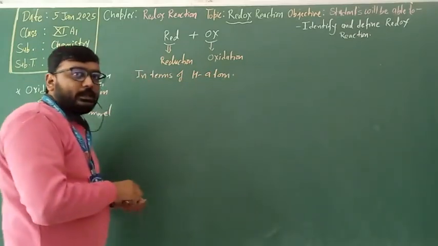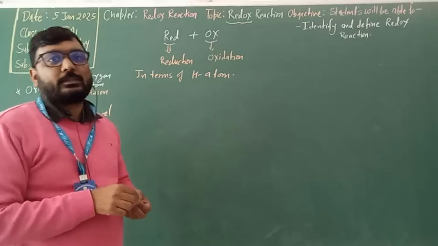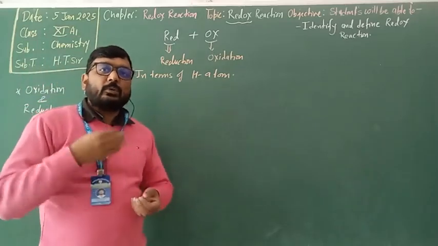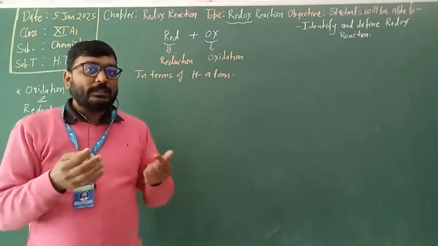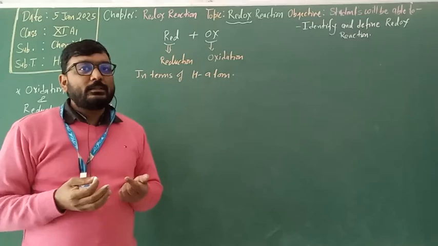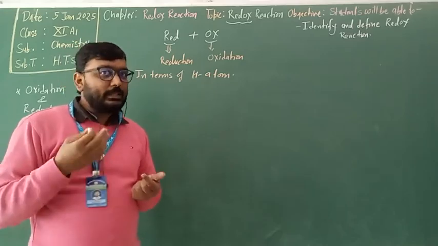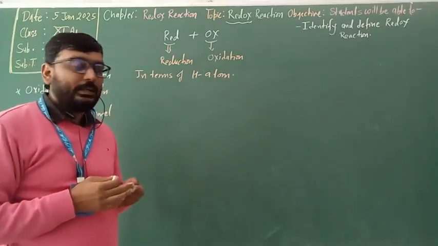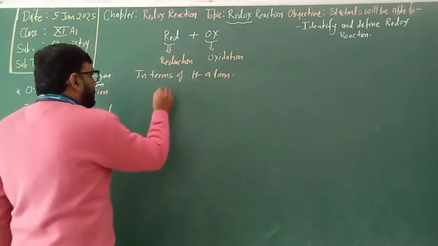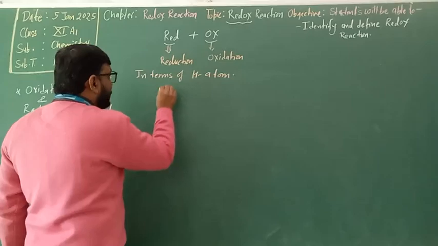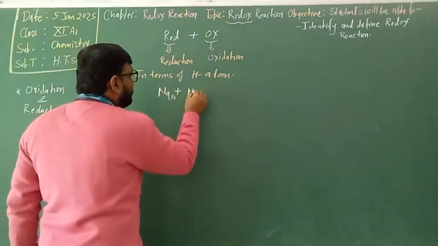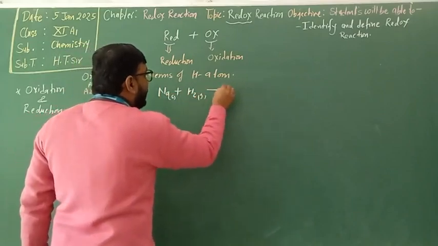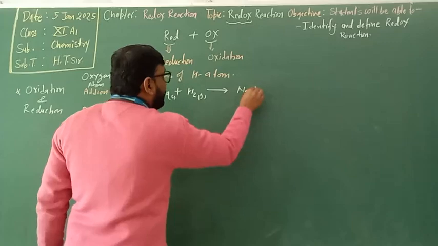As I told earlier, there are so many reactions which take place without the involvement of oxygen. So can we classify them as oxidation and reduction? Yes, we can. Let us see here where sodium reacts with hydrogen, it gives sodium hydride.